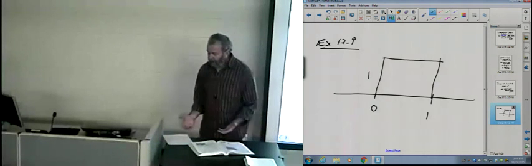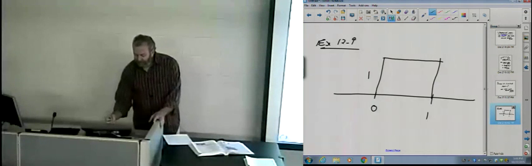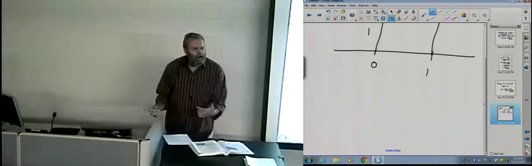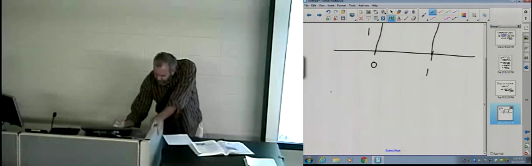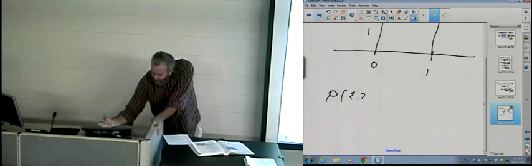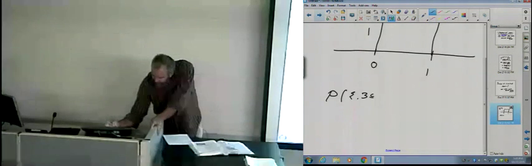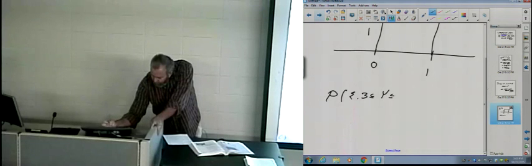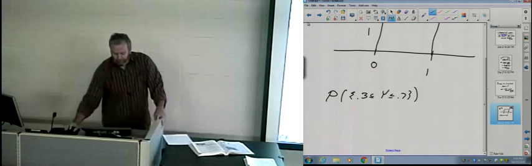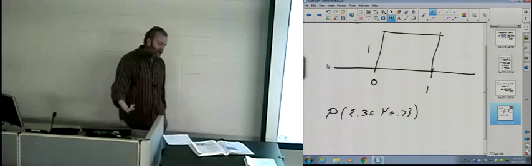All right? Now, if I've got a question like this, I want to know the probability, and I'm going to write it like this, that you generated a random number between 0.3 and 0.7. That was my question, right? That was the one I had on the previous page.